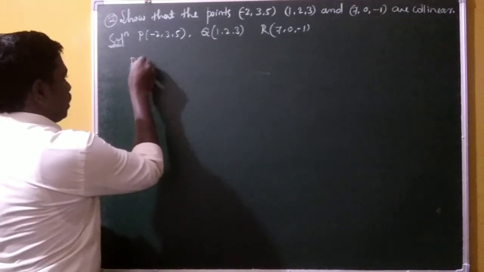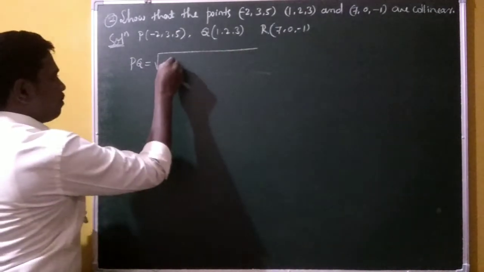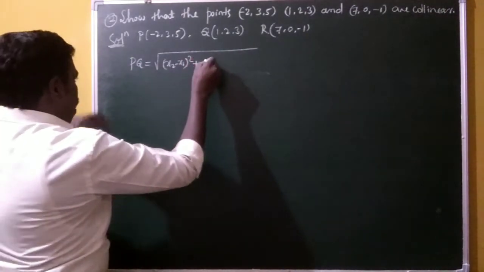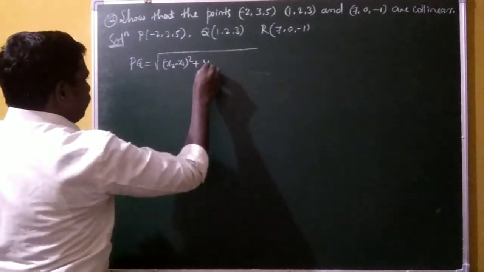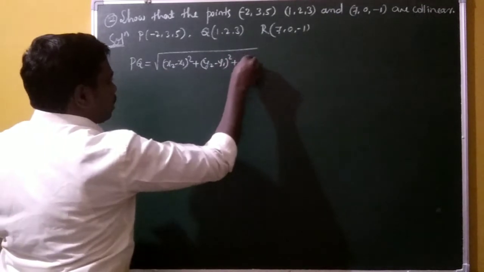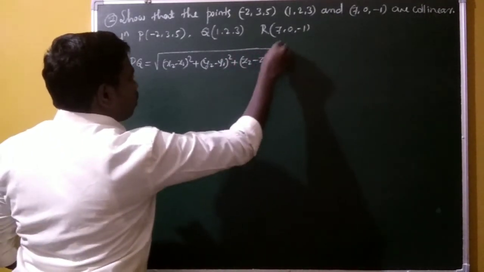Yes, the distance PQ is defined as the square root of (x2 minus x1) whole square, plus (y2 minus y1) whole square, plus (z2 minus z1) whole square.